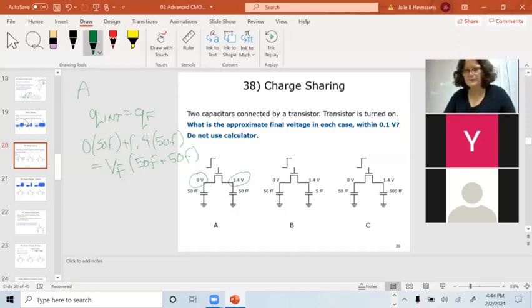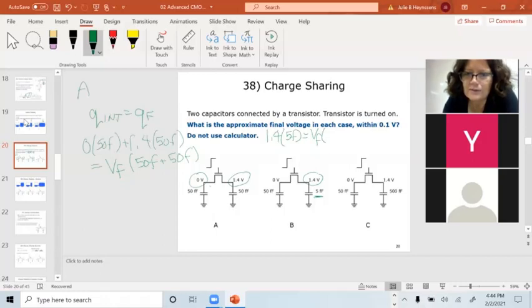Now here's the problem. You get this tiny little part, and it's charged up to 1.4 volts. The charge here is 1.4 times 5 femto. That added to 0 has got to equal whatever the final voltage is times the sum of the two capacitors, which is 55 femto. So now V final is a small fraction, 5 over 55, 1/11 of 1.4.